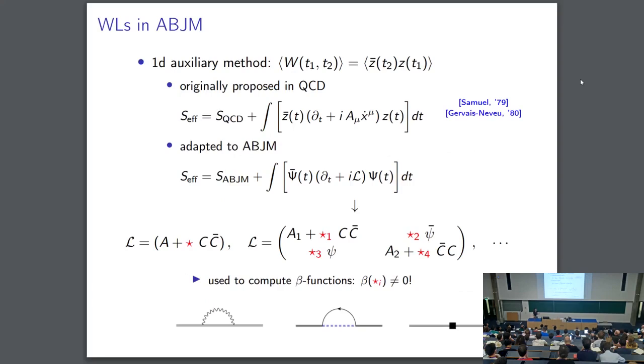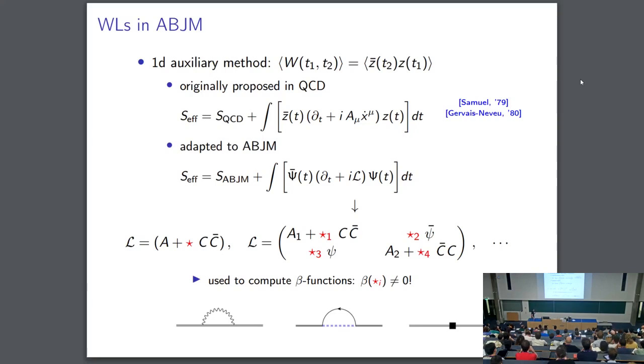And what we do with this full setting is that we use the 1D auxiliary method to compute the expectation value of these operators. So what we do is to propose a 1D method. So we have these one-dimensional auxiliary fields Z and Z bar. And by computing the 2-point function of these fields, we are able to capture the expectation value of the Wilson loop.